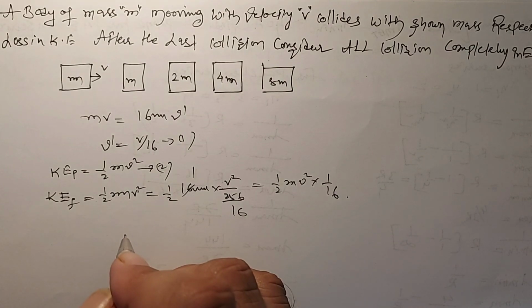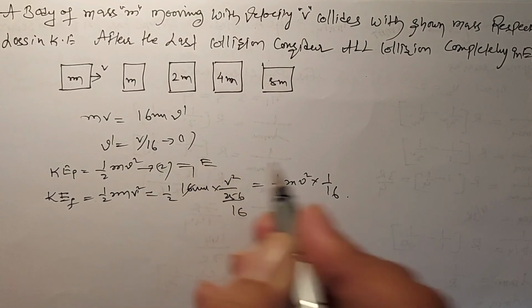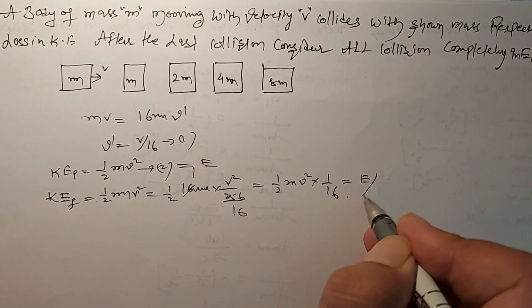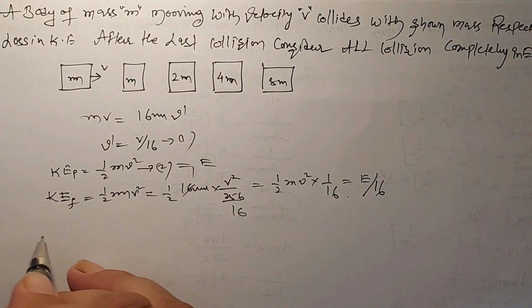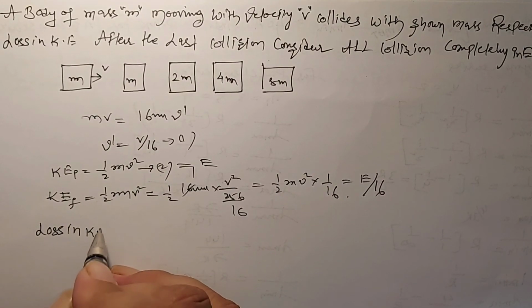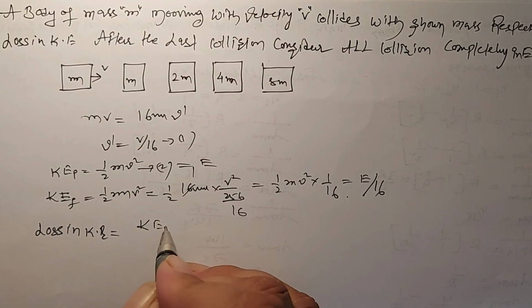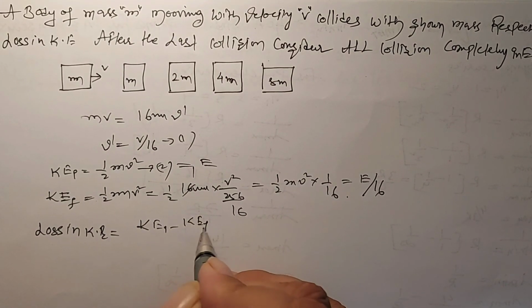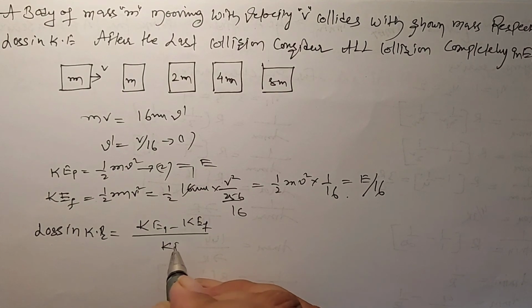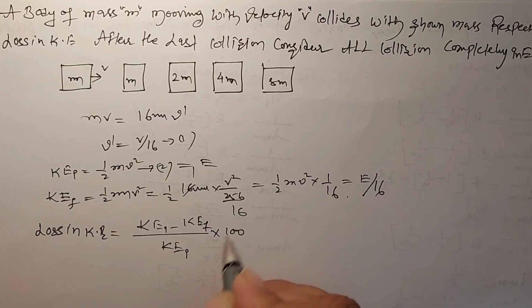Now let us assume the initial energy is E. The final energy is then E by 16. The percentage loss in kinetic energy is equal to KE initial minus KE final divided by KE initial into 100.